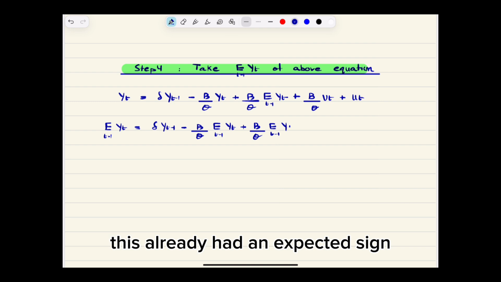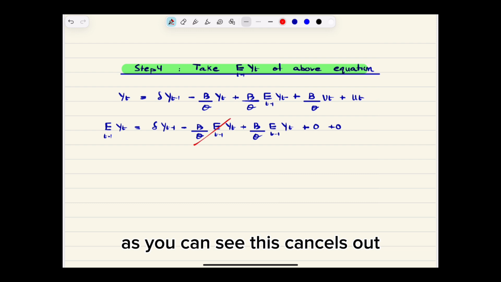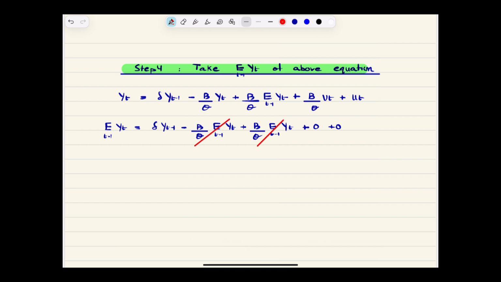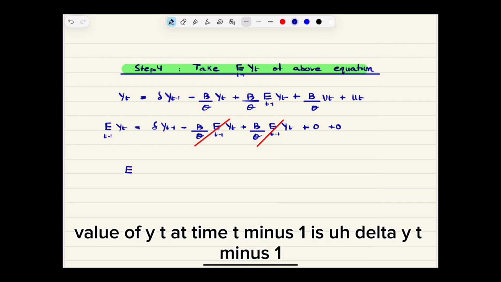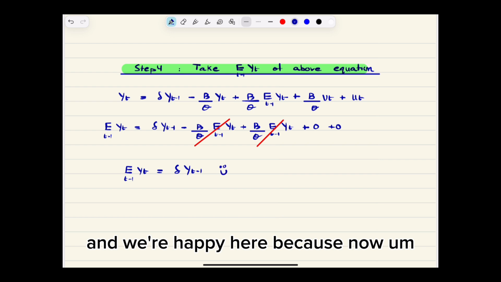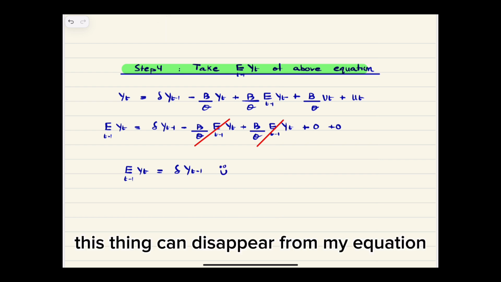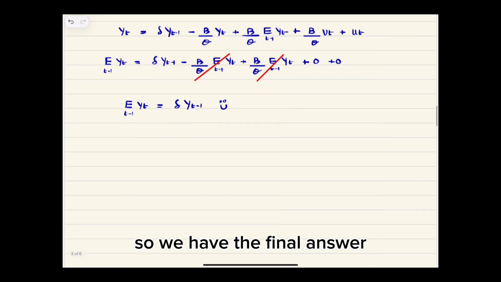This already had an expected sign, and then we have a 0 plus a 0. As you can see, this cancels out, and then we're left with the expected value of y_t at time t minus 1 is delta y_{t-1}, and we're happy here because now this thing can disappear from my equation. So we have the final answer.